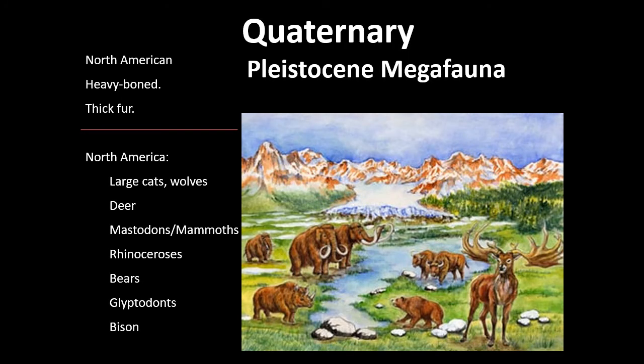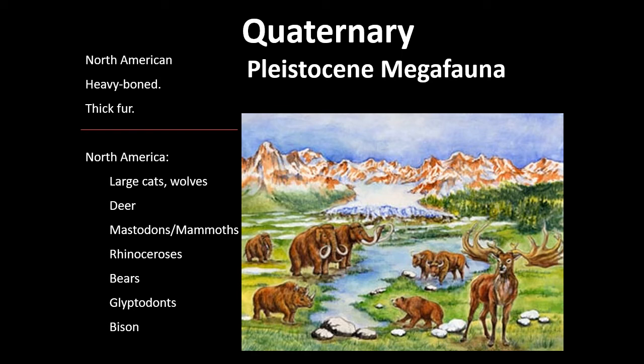And then we get into the most recent geologic period of the Cenozoic, and that's the Quaternary. The Quaternary is really the last 100,000 years of Earth history. And North America has a very unique Quaternary vertebrate fossil fauna in the Pleistocene, our megafauna. These include animals that are heavily boned, with very thick fur, and include things like the large cats and wolves, like dire wolves and smilodons, or the big saber-toothed cats.